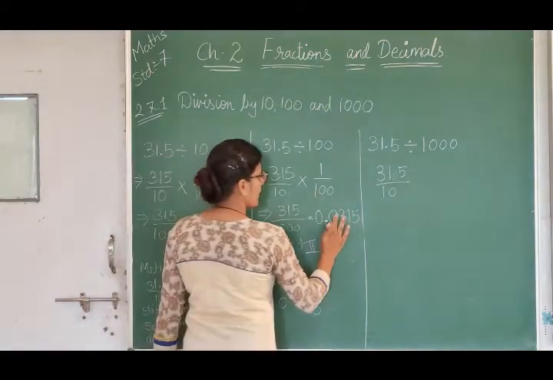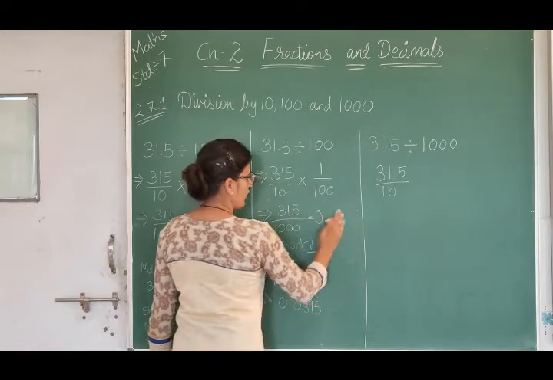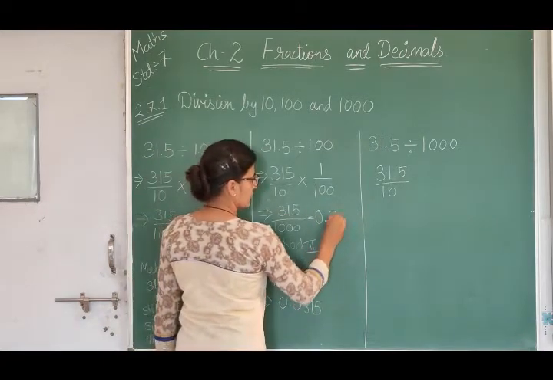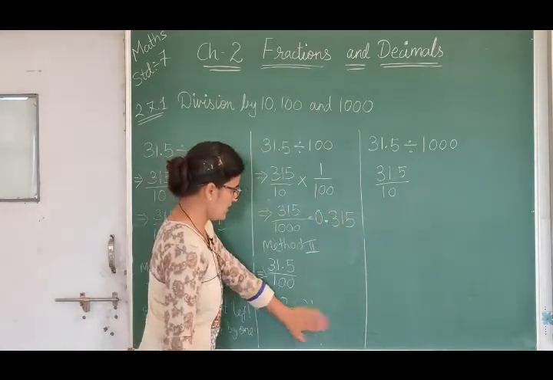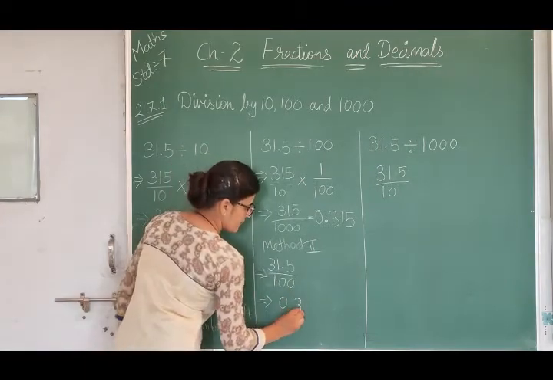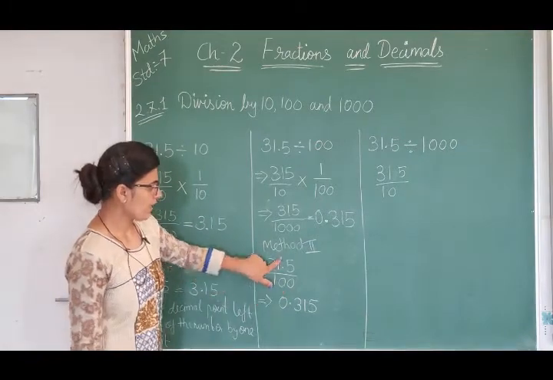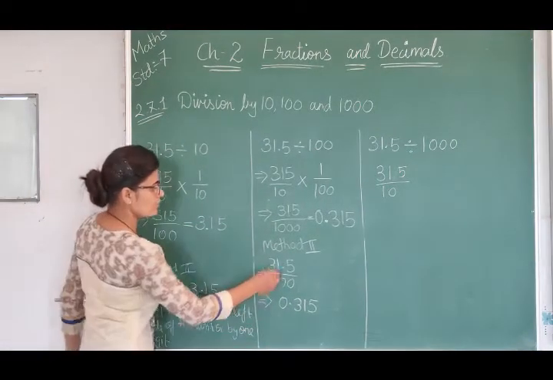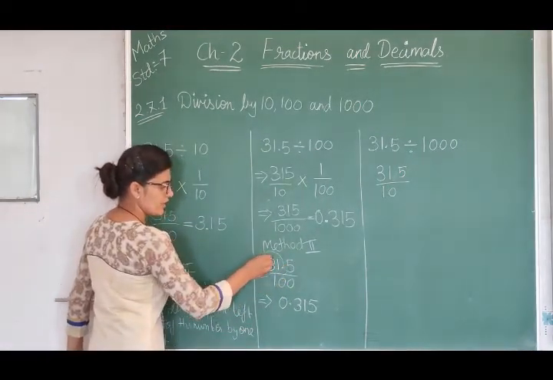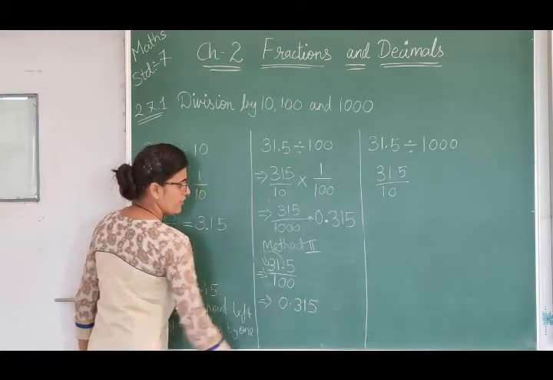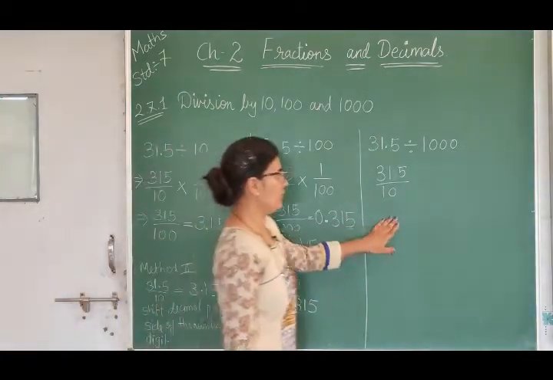So here it will be after the point 315. So here the necessary answer is 0.315. Here you can see 2 places I have to shift the point on the right hand side. So this point should be shifted over here. So 0.315.